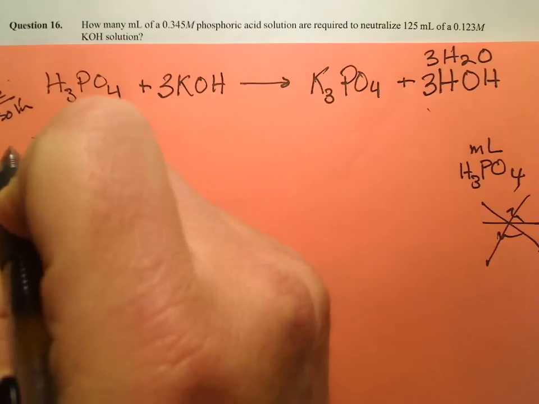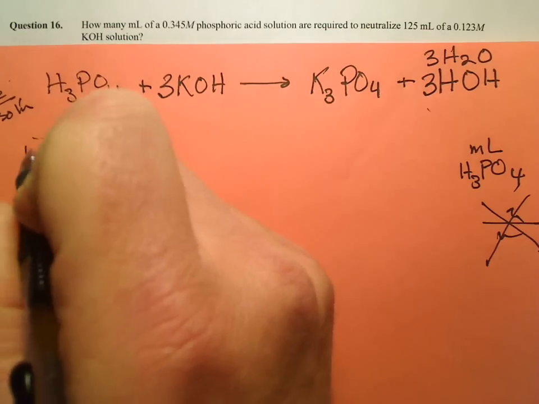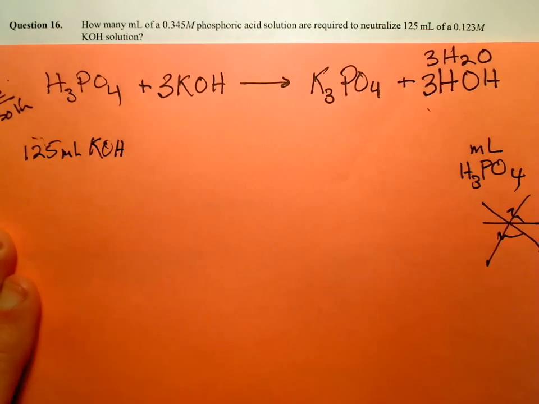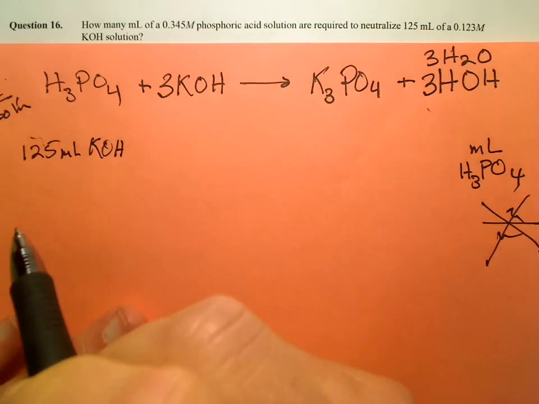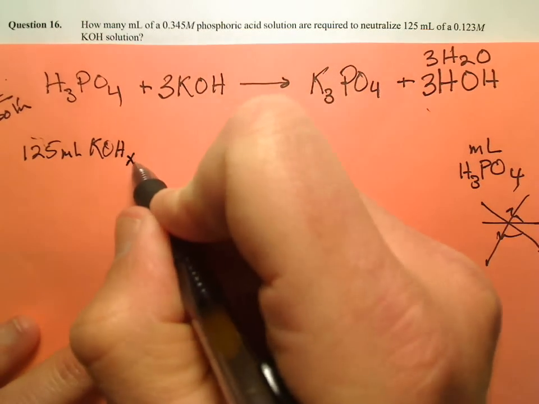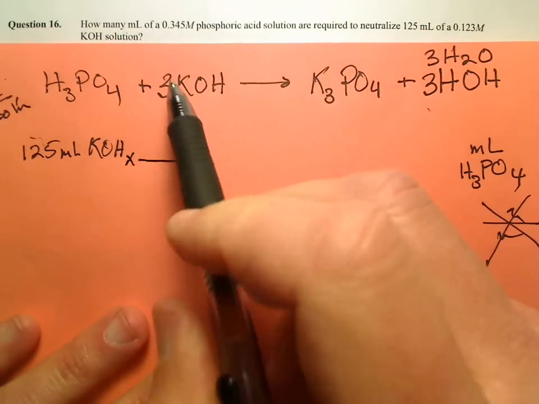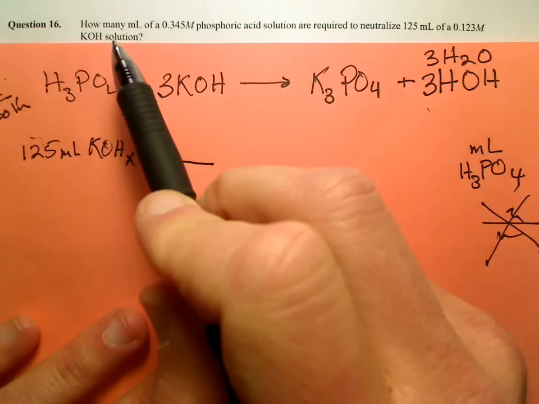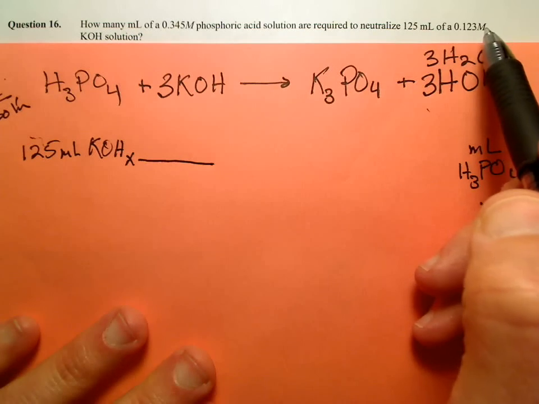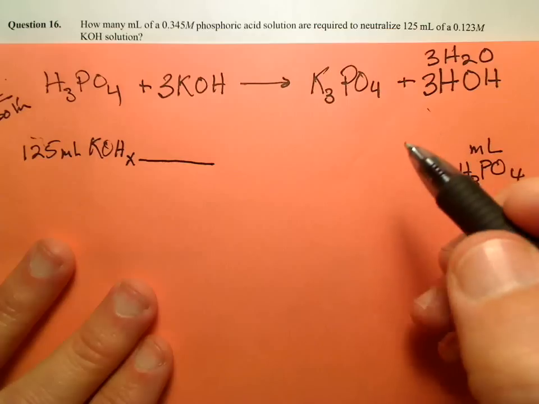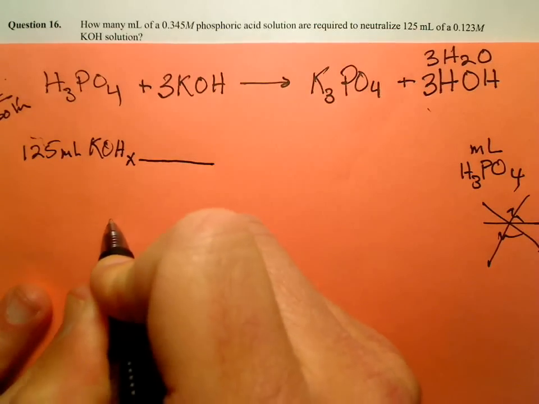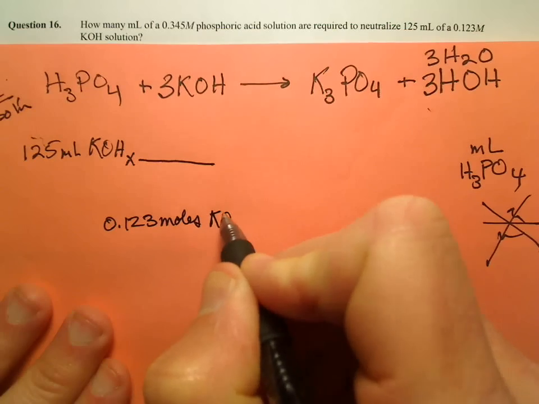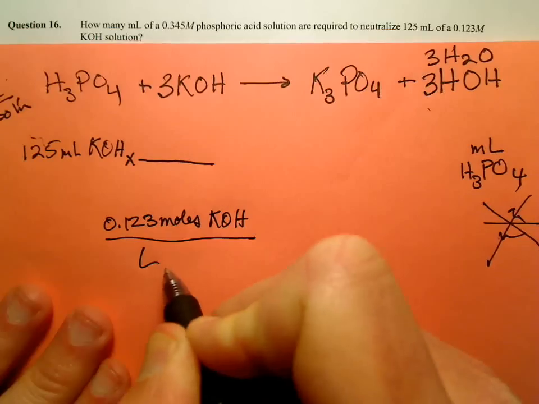So I'm going to go ahead and write 125 milliliters KOH. Well, like all good chemists, this is a reaction, so I need to get this into moles. So I can say, look at this. I know that for every 0.123 moles of KOH, I have 1 liter of solution. So I have 0.123 moles of KOH per liter of solution.